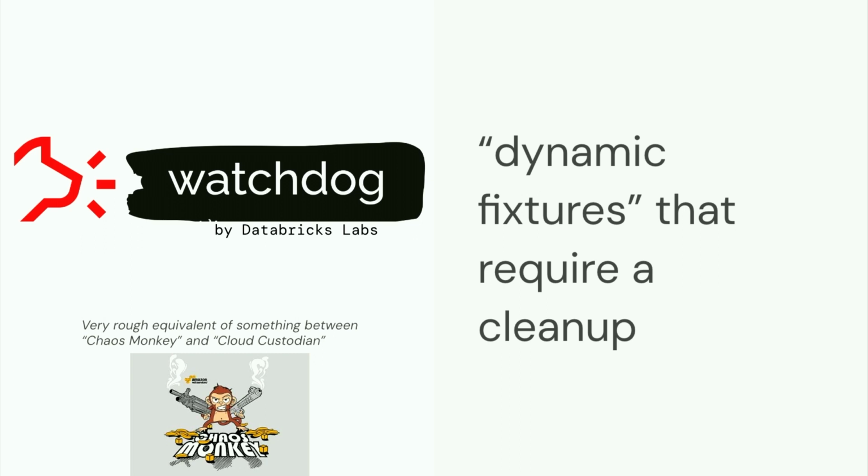Because imagine, at the edge of the hour, Watchdog runs and it removes jobs and users. And then the integration testing suite is running at the same time, and it crashes, telling, oh yeah, I've created a job, but then the second after, something deleted the job. What is happening?